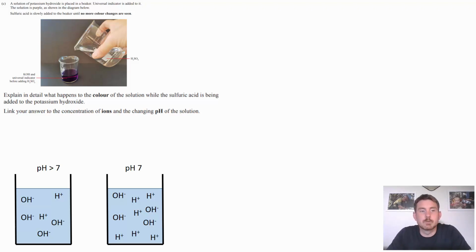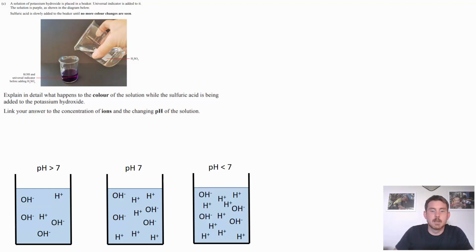By the time that solution has reached neutral pH or green in color, then the number of hydroxide ions and hydrogen ions would be balanced. So you'd have approximately the same number of each, giving you the pH 7. And then as the sulfuric acid continues to be added, the number of hydrogen ions with respect to hydroxide ions would greatly increase.